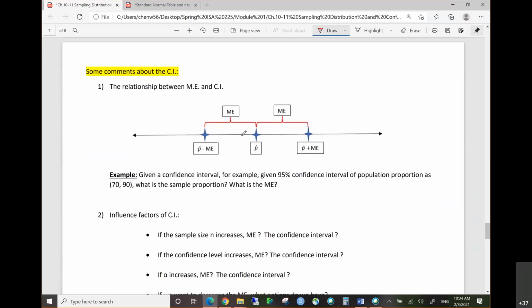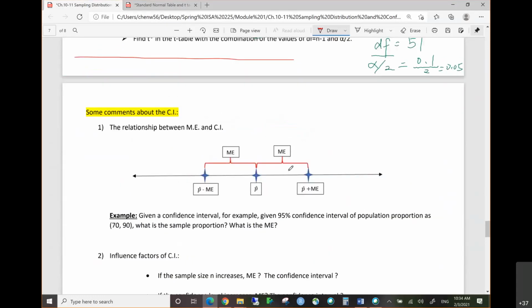as what we said, once we have a sample, based on this sample, we can calculate the sample proportion or the sample mean, right? And then we want to allow some distance, we call it the margin of error, so that we can get the upper level. And then we subtract so that we get the lower level, right?